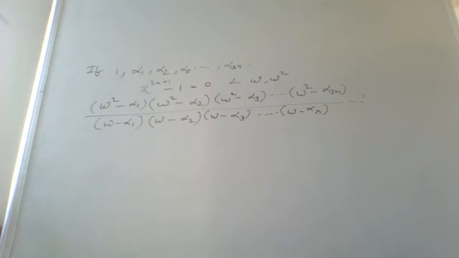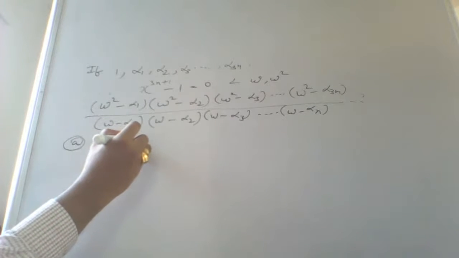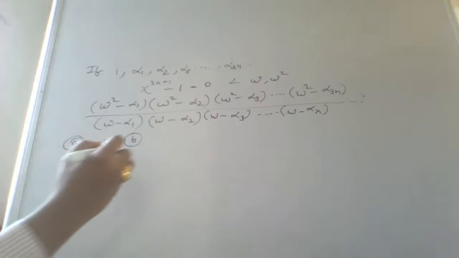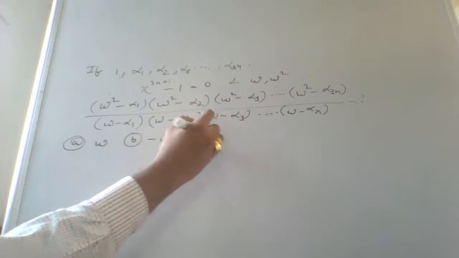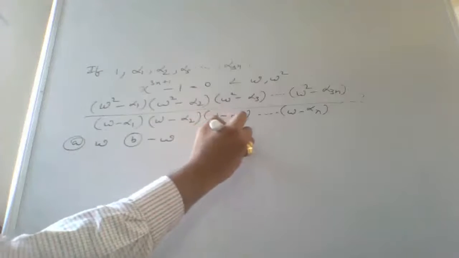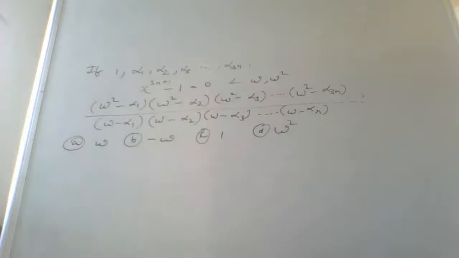Let us find that. The choices are omega, minus omega, 1, omega square. Okay, so these are the choices which are given to you.